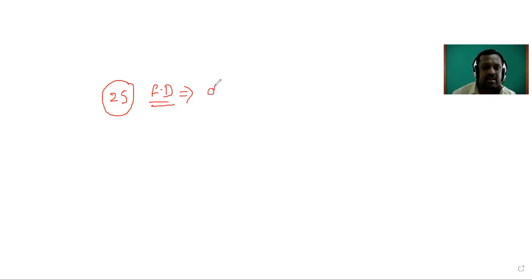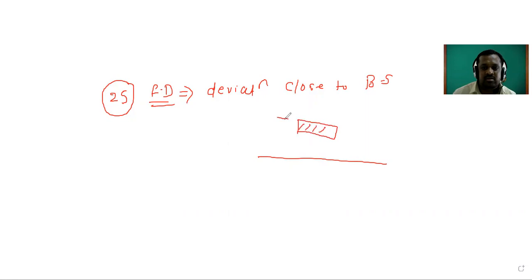For example, suppose this is the basic size, and this is the tolerance. This we can call the upper deviation, and this is the lower deviation. Then tell me which deviation is closer to this zero line.